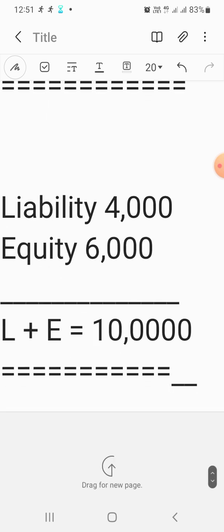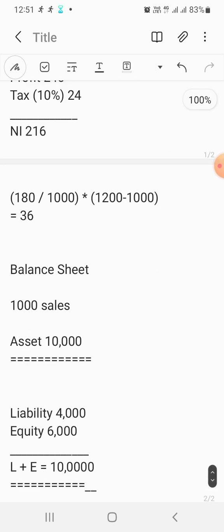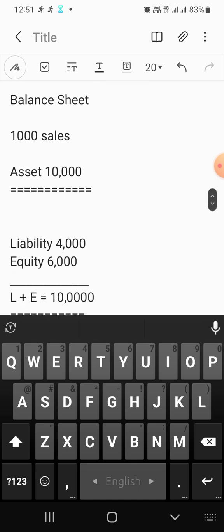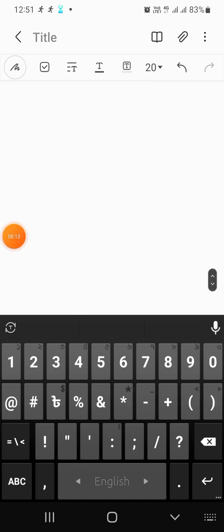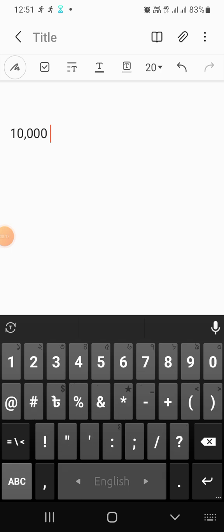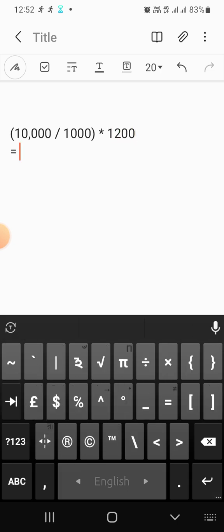The answer is very simple. Your asset was 10,000 when you were selling 1,000 taka. And now you are selling 1,200, and this is the new asset you will require.